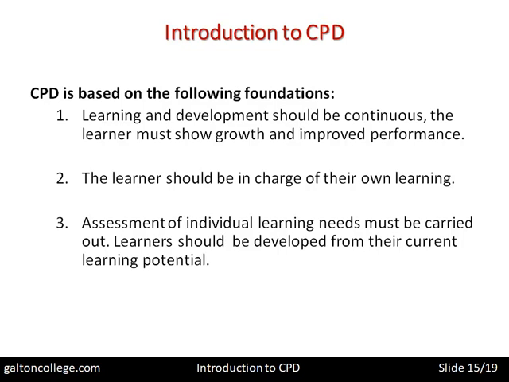Assessment of individual learning needs must be carried out. Learners should be developed from their current learning potential. Learning schemes or training schemes should really take into account where the attendees have got to. It's frustrating to start at the beginning every time because people have learned from the beginning.